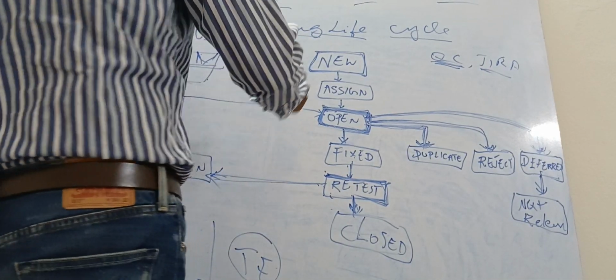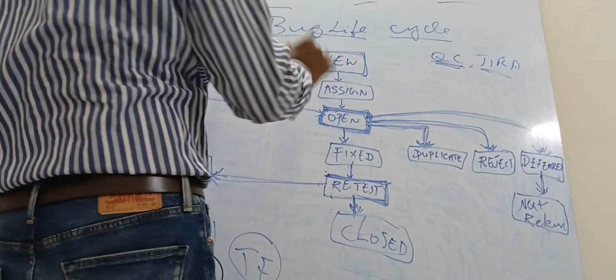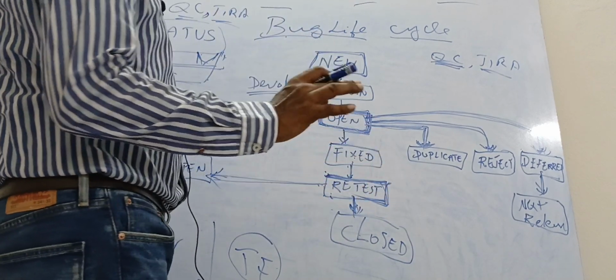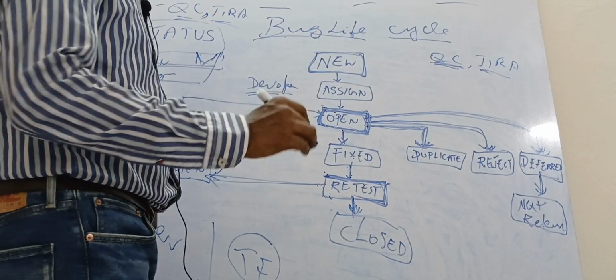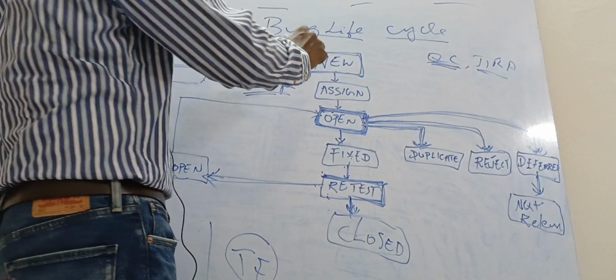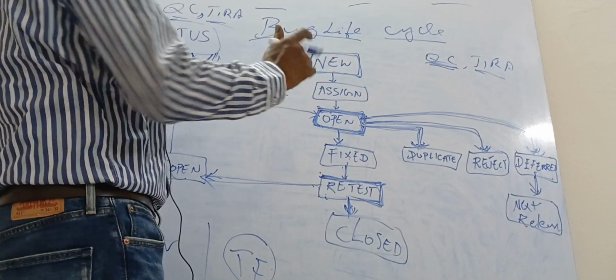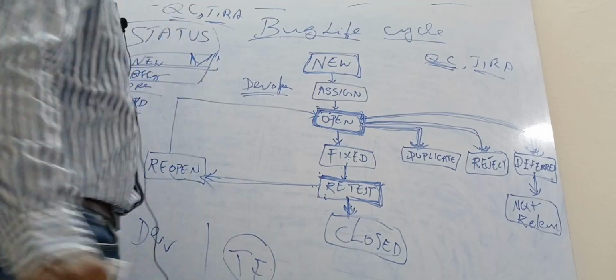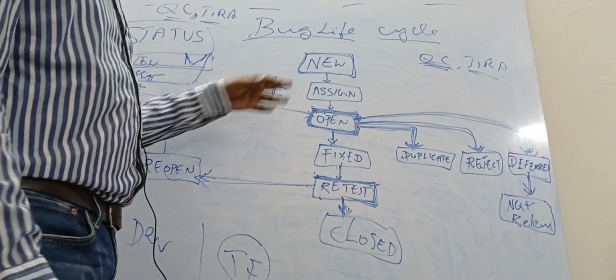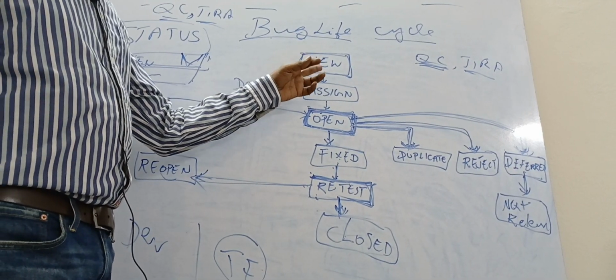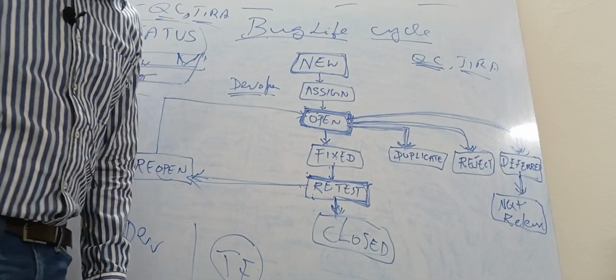Suppose a test engineer has executed a test case, and the test engineer has found a new defect, he will put the status as new. Where will he put the status as new?